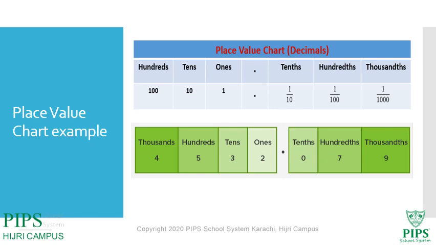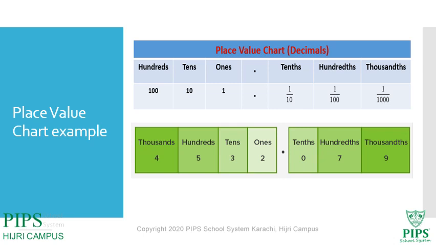Similarly, when we are talking about the 1000 value, 1 over 1000 is the fraction part of the decimal number. When we are writing it in decimal, we will say 0.001. So, this is the fraction part of the decimal number.